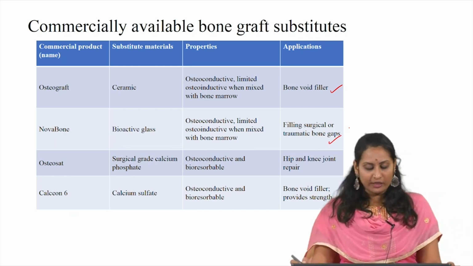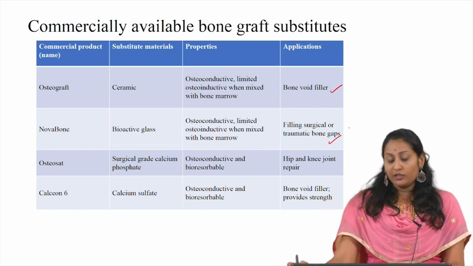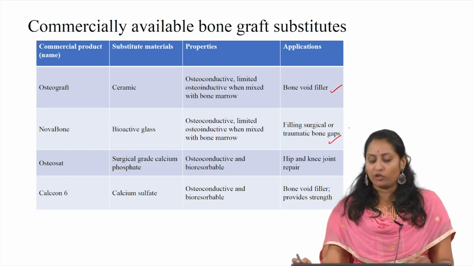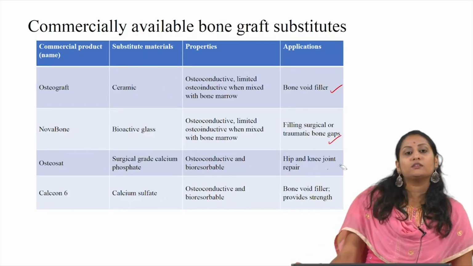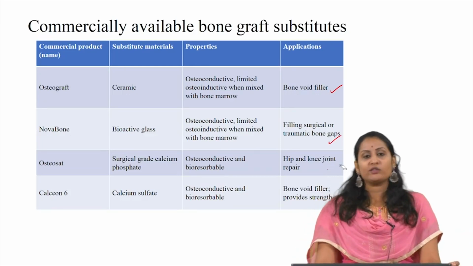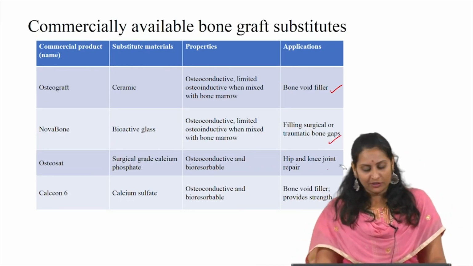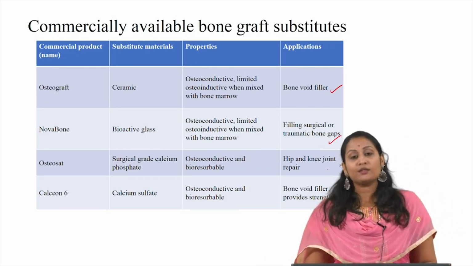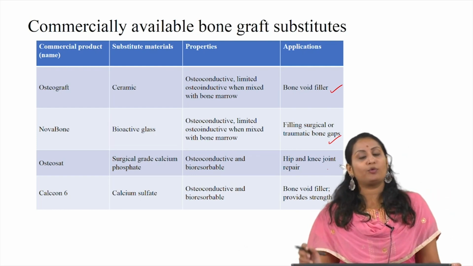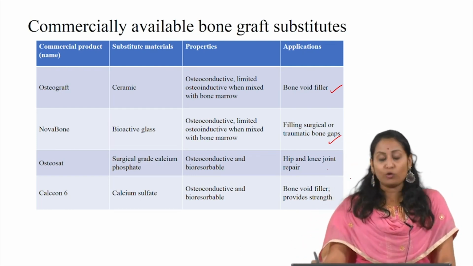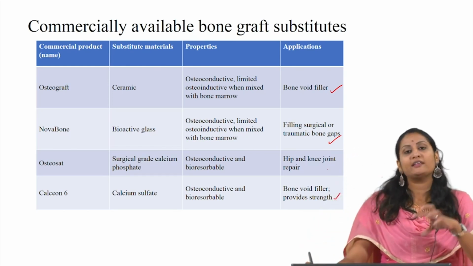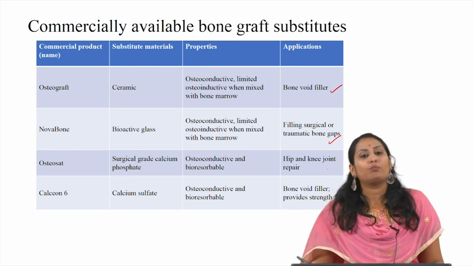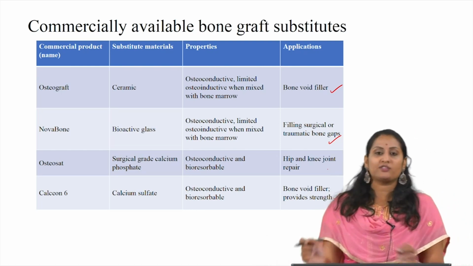Again it is osteoconductive and bioresorbable, and helps in hip and knee joint repair. The next one is Calcium 6, made up of calcium sulphate, osteoconductive and bioresorbable, again a bone void filler, and it provides strength. These are all ceramic and ceramic derived composites used as bone graft substitutes.